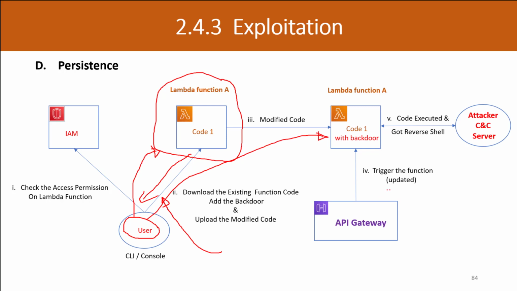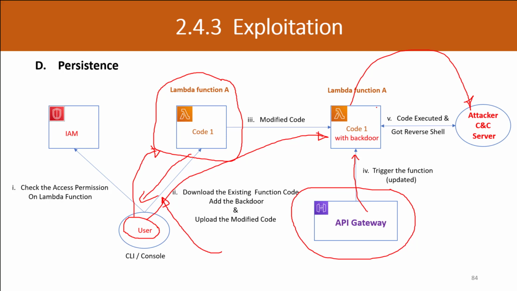So when anybody invokes this Lambda function, our backdoor code will be executed, and whatever code you define there will be executed. Suppose I define a reverse shell: every time anybody invokes this Lambda function, you will get a reverse shell. So you can execute commands whenever somebody invokes this function.